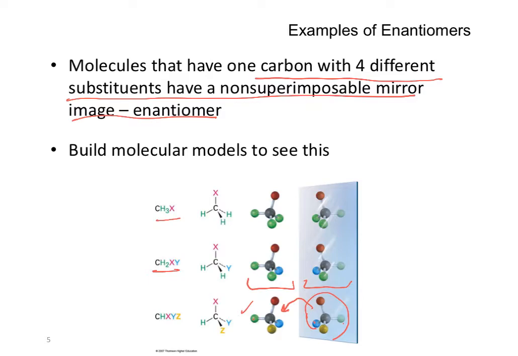Since you can't superimpose, you would say that they are not the same, and hence we use the word enantiomer to describe that. Enantio in Greek means opposite. And so enantiomers are relative to each other as somewhat of a right hand and a left hand aspect of the molecule.